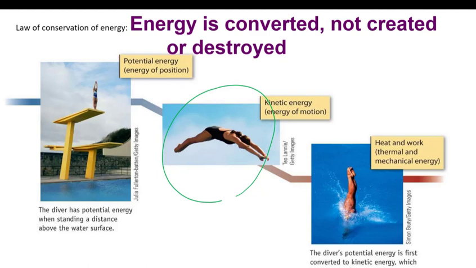Your kinetic energy increases and your potential energy decreases. And the moment that you hit the water, your velocity is abruptly reduced, and much of your kinetic energy is transferred to the water as your body moves the water aside. Eventually you float to the surface and the water becomes still again.